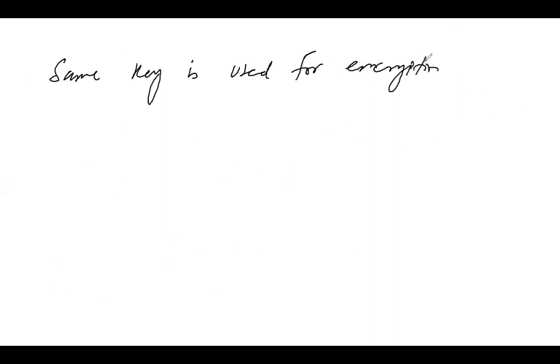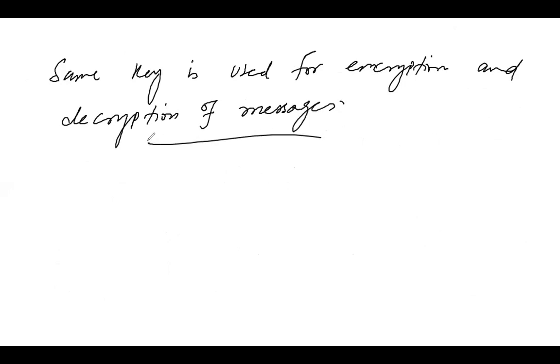Let me write over here. Here, the same key is used for encryption and decryption of messages. So that's why we say that it is a kind of single key process.